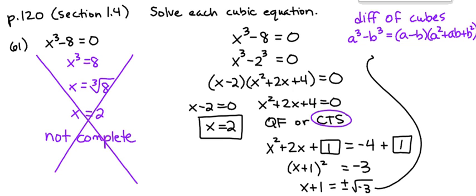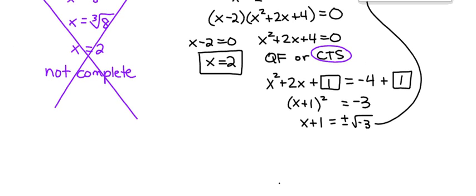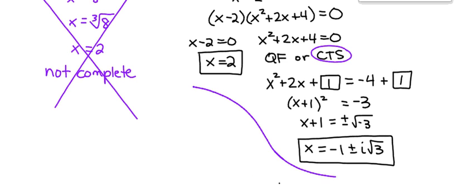Actually, let's just go back and scroll. And then subtract 1 from both sides. Let's write the imaginary part of that as i square root 3. Here are the other 2 solutions. So altogether, we have our 3 solutions to our cubic equation.